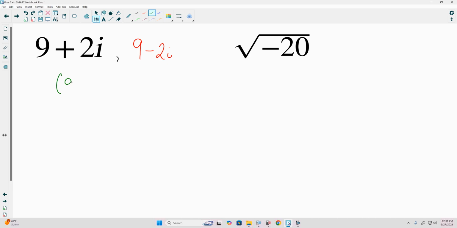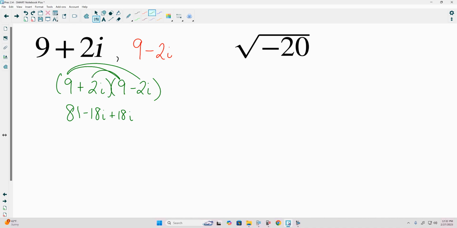And if we want to find their product, all we've got to do is multiply the two together. And when we multiply complex conjugates together, we will get a number without i. We'll get a single number. 9 times 9 is going to be 81. 9 times negative 2i is going to be negative 18i. 2i times 9 is going to be plus 18i. And 2i times negative 2i is going to be negative 4i squared.